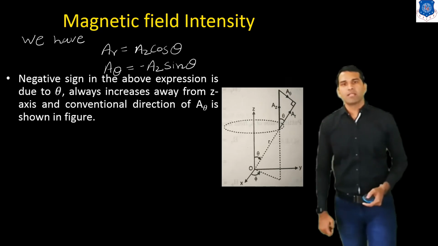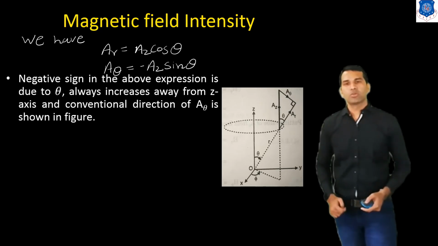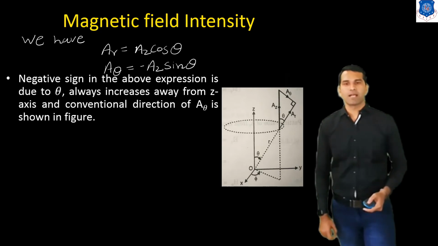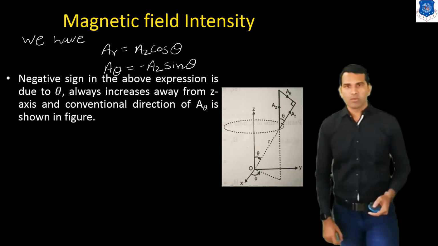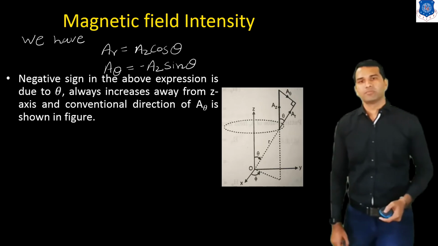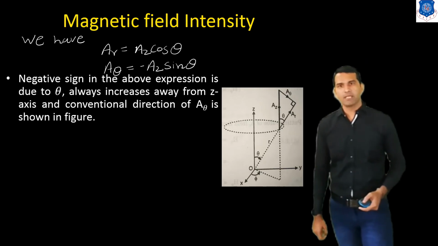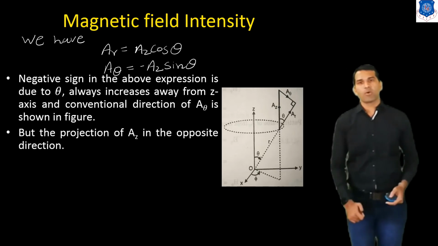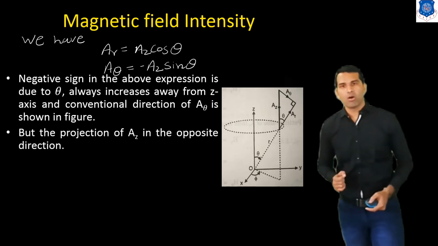The negative sign in the above expression is because theta always increases away from the z axis, and the conventional direction of a theta is shown in the figure, but the projection of az is in the opposite direction.